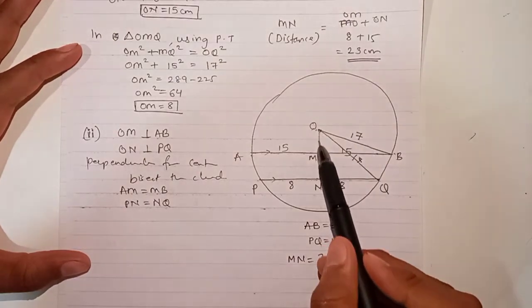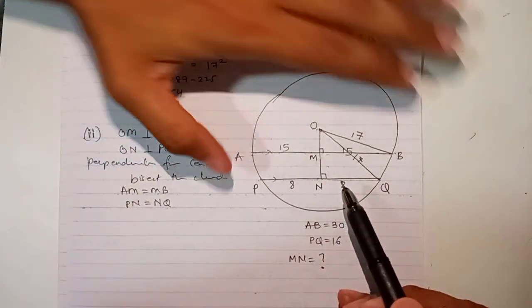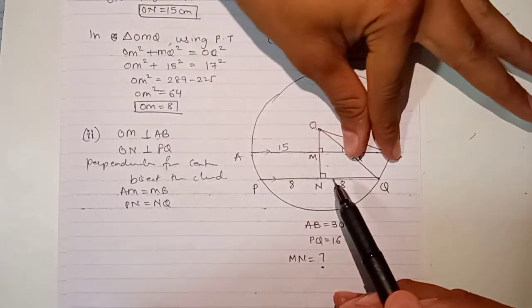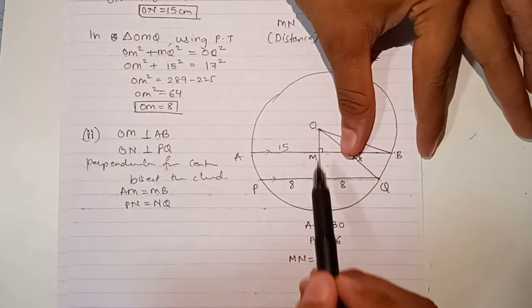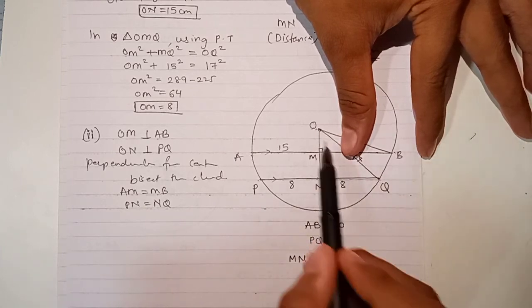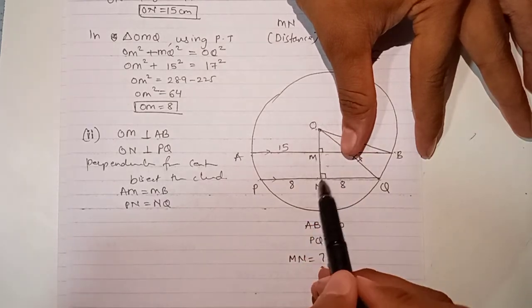See this triangle ONQ. Okay, forget this 17, forget this 15 also, because 15 तो इसकी value थी ABM की, तो ये भूल जाओ. And see this triangle ONQ. In this triangle NQ is 8, OQ is 17. So can I find ON easily?